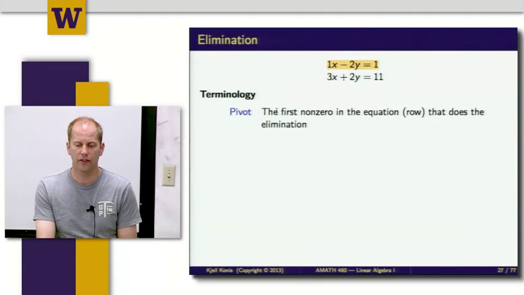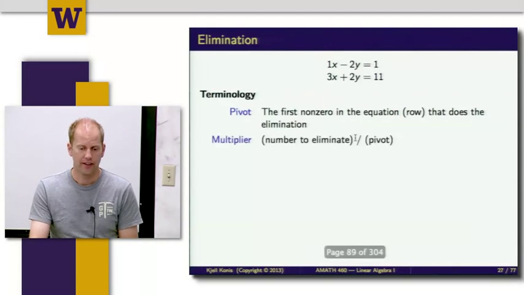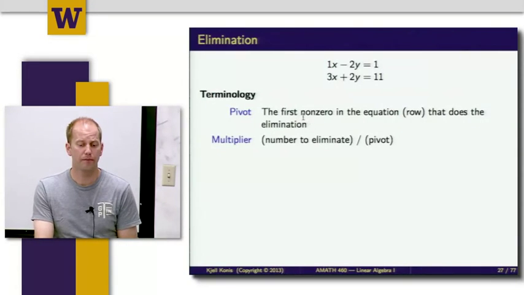And the pivot is going to be the first non-zero. So I'm looking at the coefficients here. The equation that's going to do the elimination is highlighted, and the first non-zero coefficient is this 1. So that's why I had to put a 1 here, just so I could highlight it. So that's going to be called the pivot. And then I'm going to use that pivot to work out a multiplier.